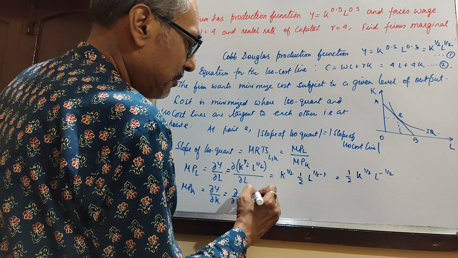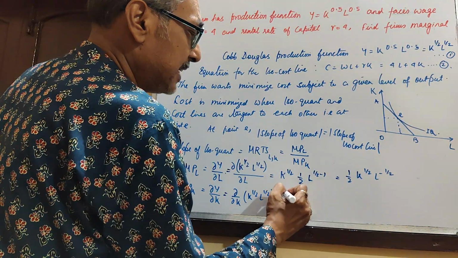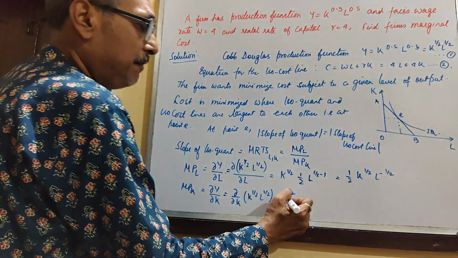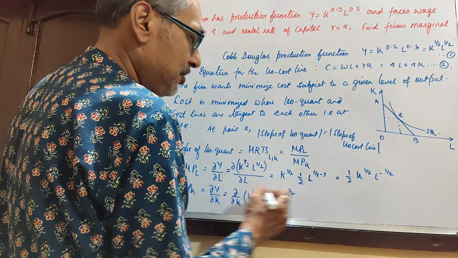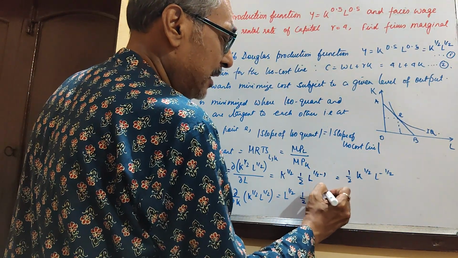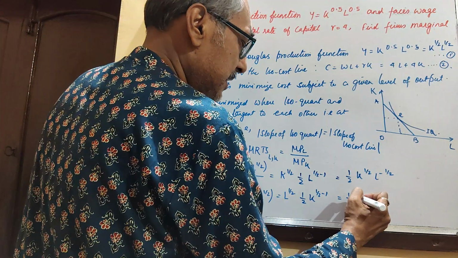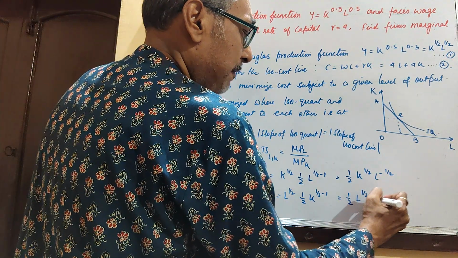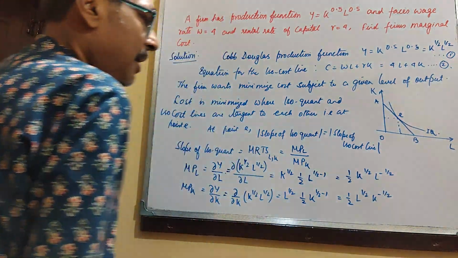This time L to the power half is constant, and we differentiate k to the power half. Half comes down, k to the power half minus 1. This is half L to the power half k to the power minus half.